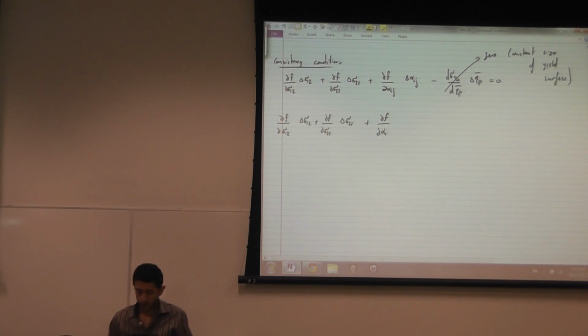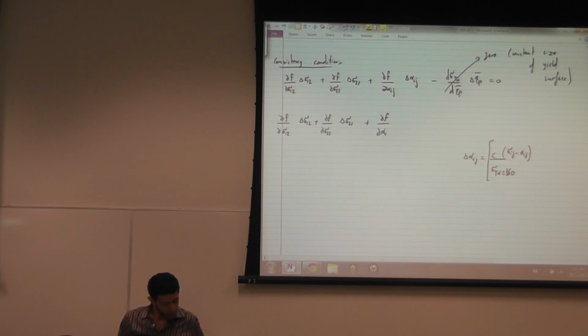Let's just look at what delta alpha ij looks like. Delta alpha ij is equal to C over sigma y alpha, which in this case is always constant at 360, times sigma ij minus alpha ij, minus gamma alpha ij delta epsilon p.